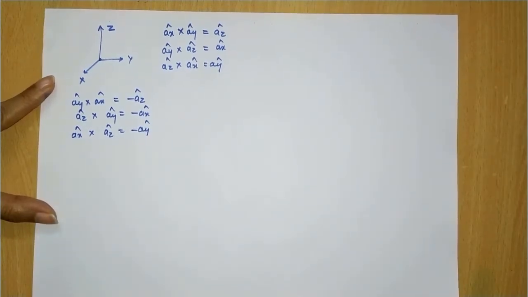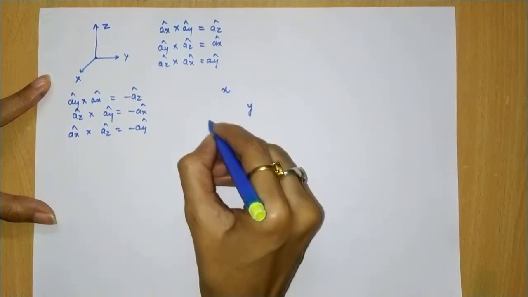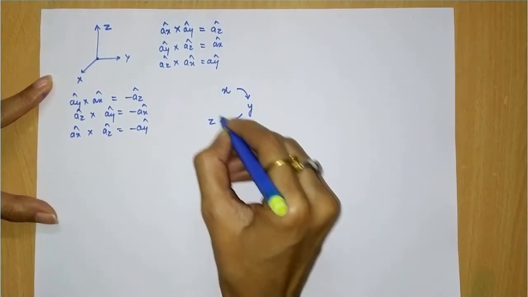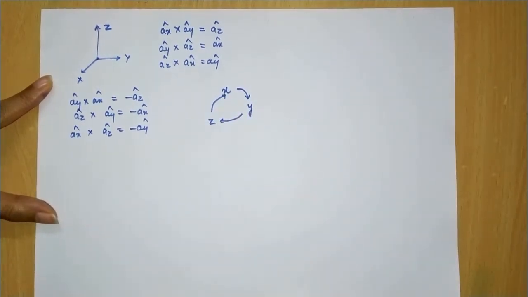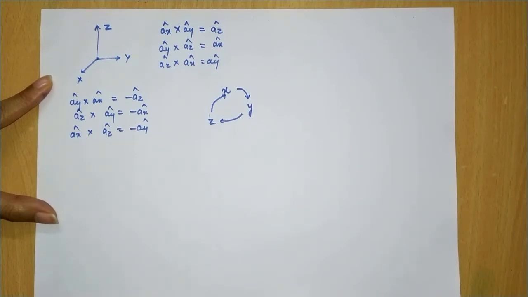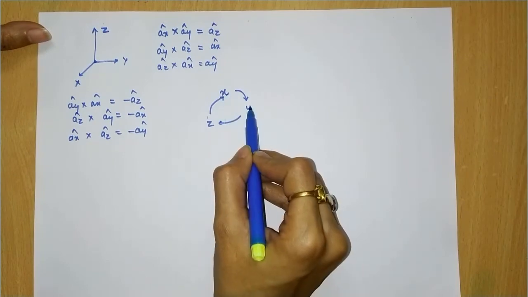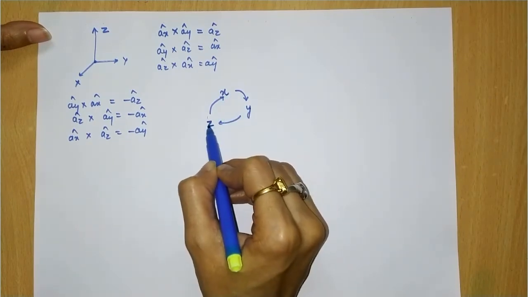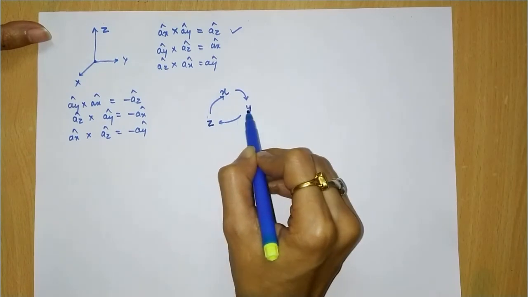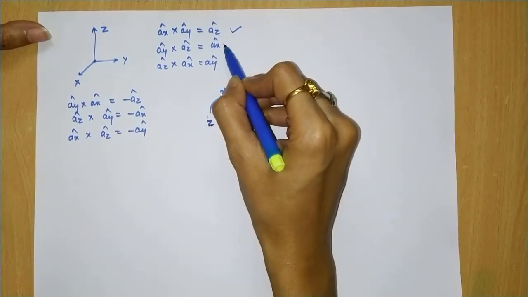The easier way to remember this is by forming a cycle. X, y, z. This is the cycle. If we go in the clockwise direction, then we get a positive result. And if we go in the anti-clockwise direction, then we get a negative result. Clockwise, by the sense I mean that ax cap cross ay cap, we will get az cap. Ay cap cross az cap, we will get ax cap.